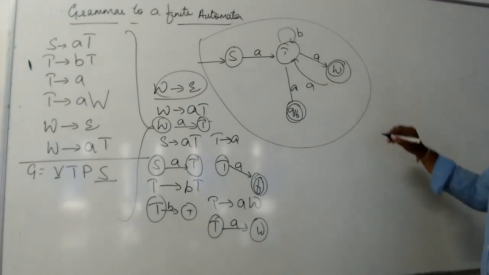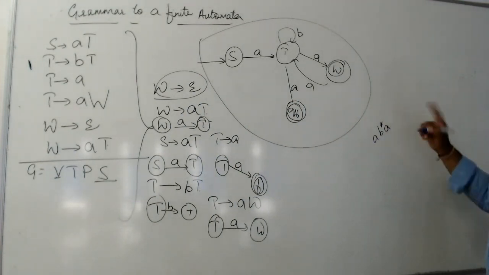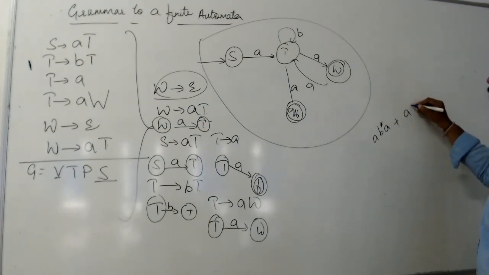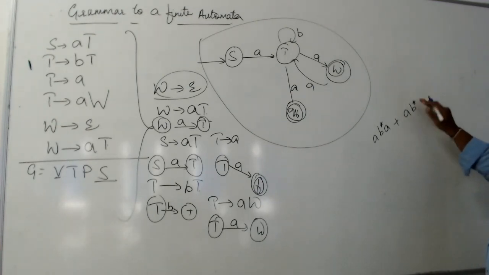So A B star A becomes one, or A B star A, B star also A B star A. B star A becomes one, so A B star A whole star.